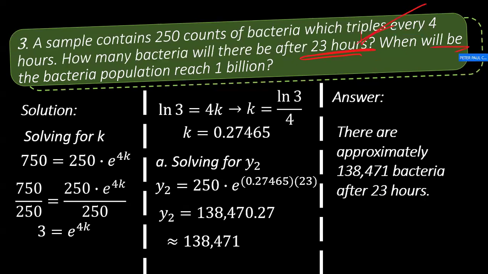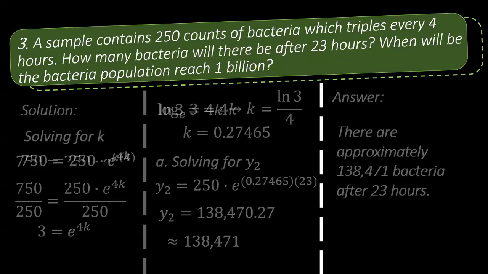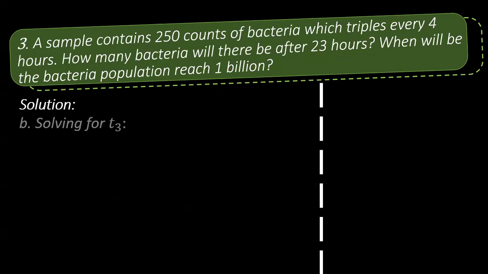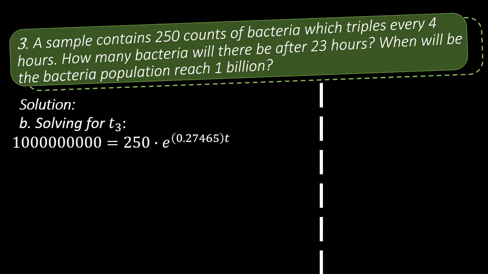Next, we solve for the second question. When will the bacteria reach 1 billion? So our given is y sub 3. Solving for t sub 3, we have 1 billion is equal to 250 times e raised to k times t.